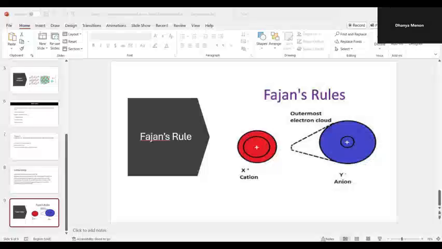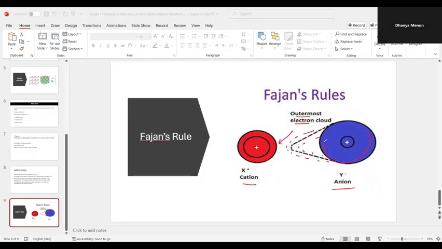So as you can see in the PowerPoint, we have the cation, which is smaller, and the anion, which is bigger. So the outermost electron cloud is attracted by whom? By the cation, and you can see the electron cloud is distorted.